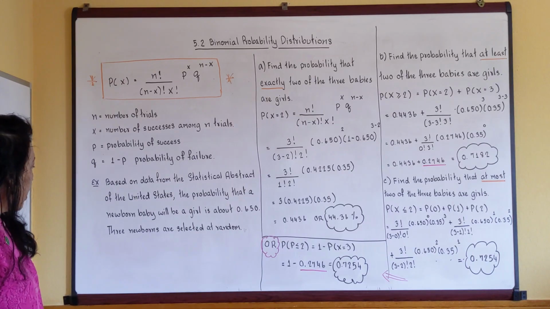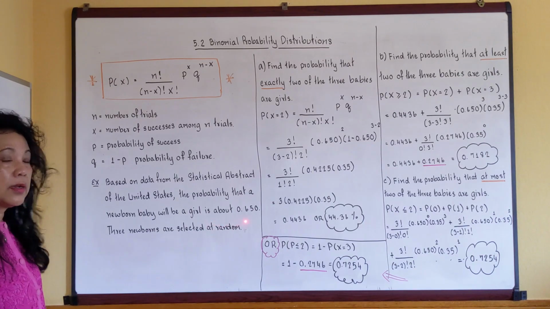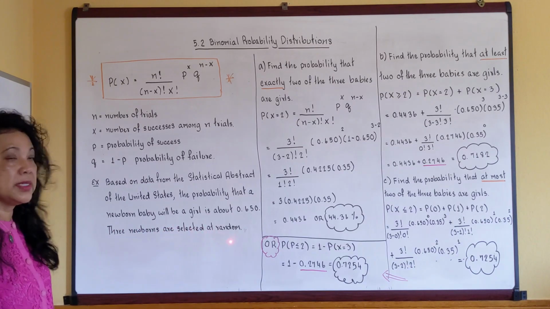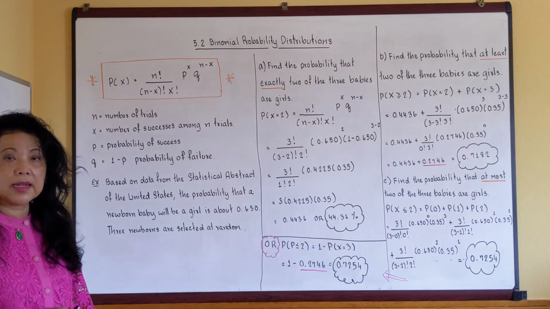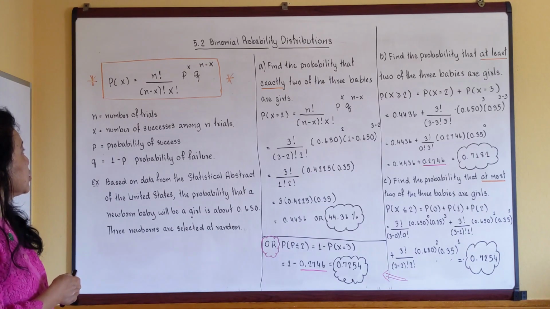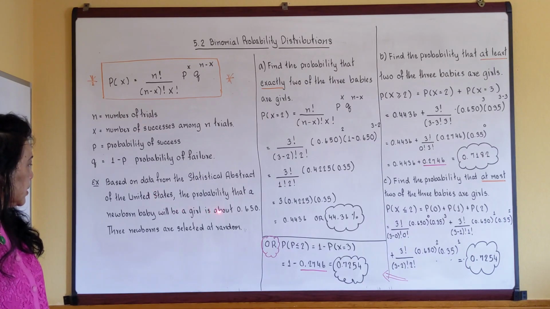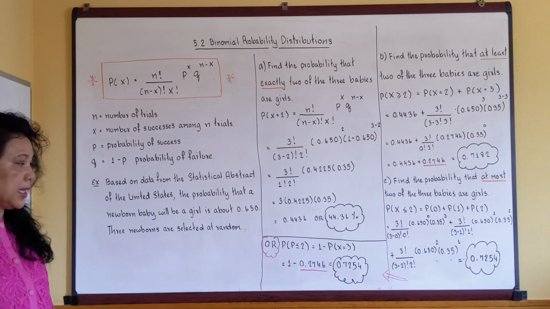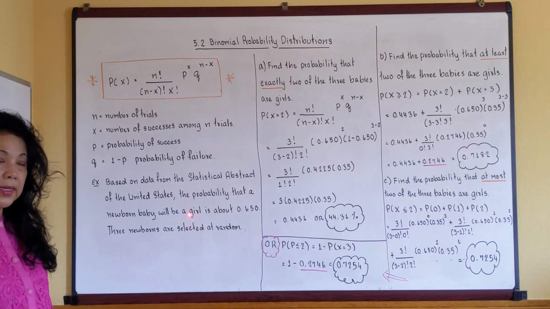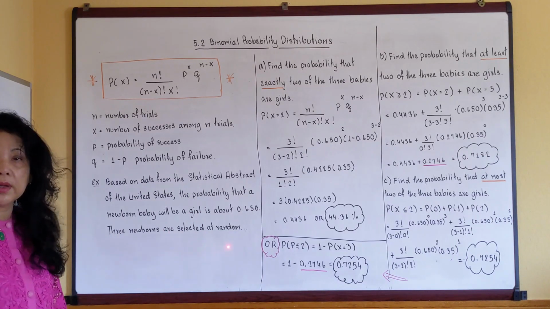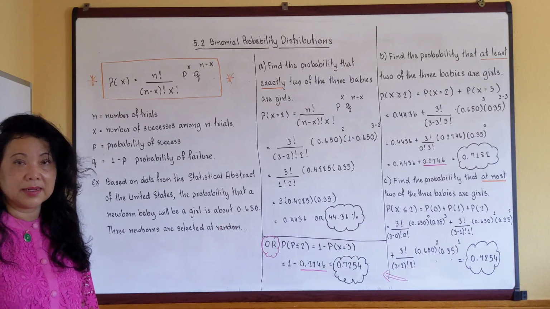So the probability of a girl here is considered success. 3 newborns are randomly selected. So it satisfies the conditions here. We have two outcomes, either a boy or a girl. The probability of success is 65% for any random baby that you pick. And we pick 3 newborns at random, so they are independent.